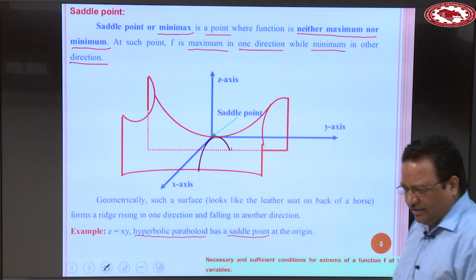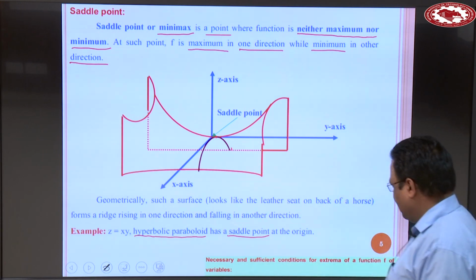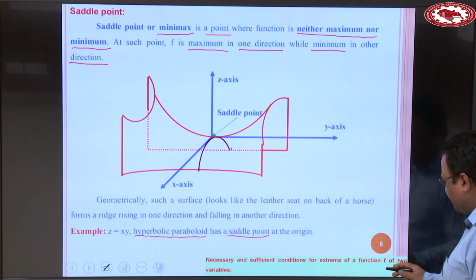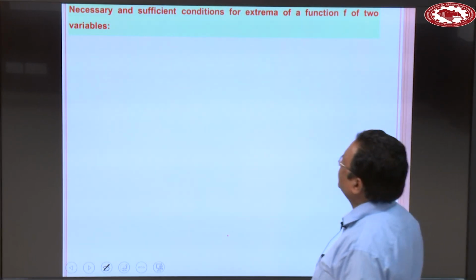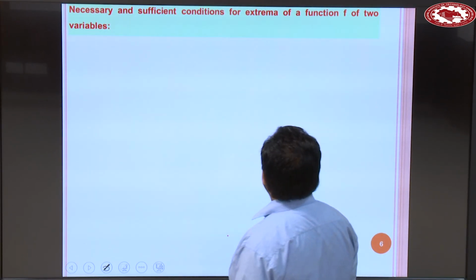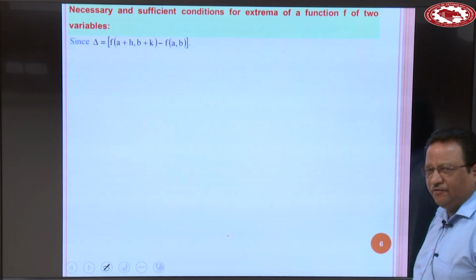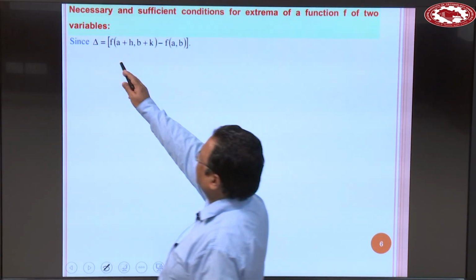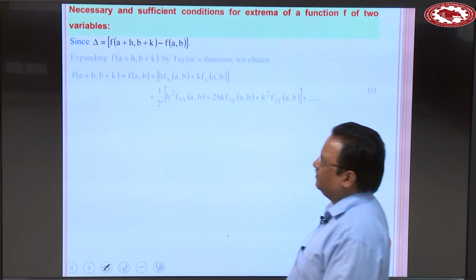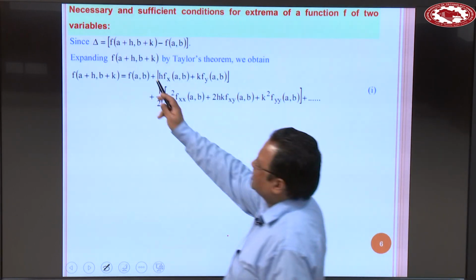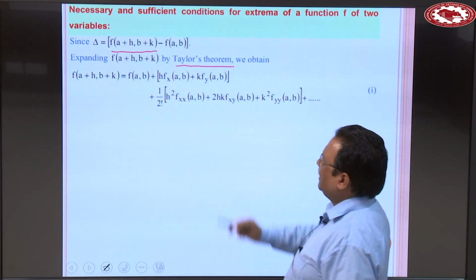Now, the important point today is: what are the necessary and sufficient conditions for extrema of a function f of two variables? Since we know Δ is equal to f(a+h, b+k) minus f(a, b), now expand this term by Taylor's theorem.